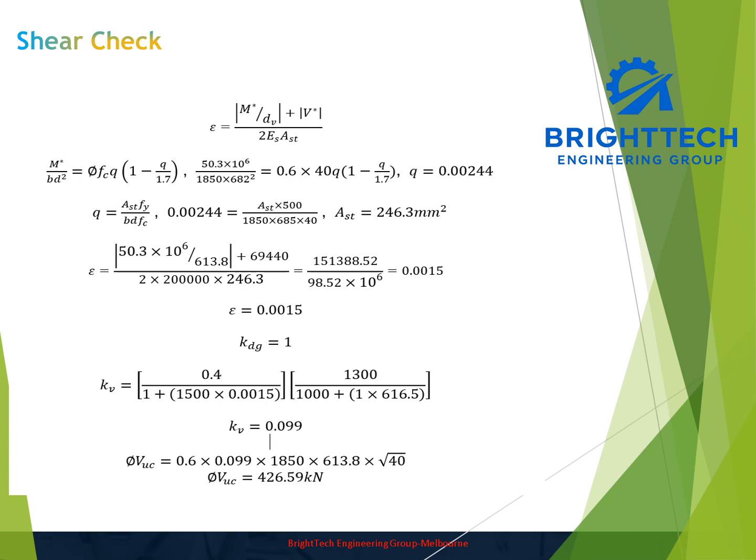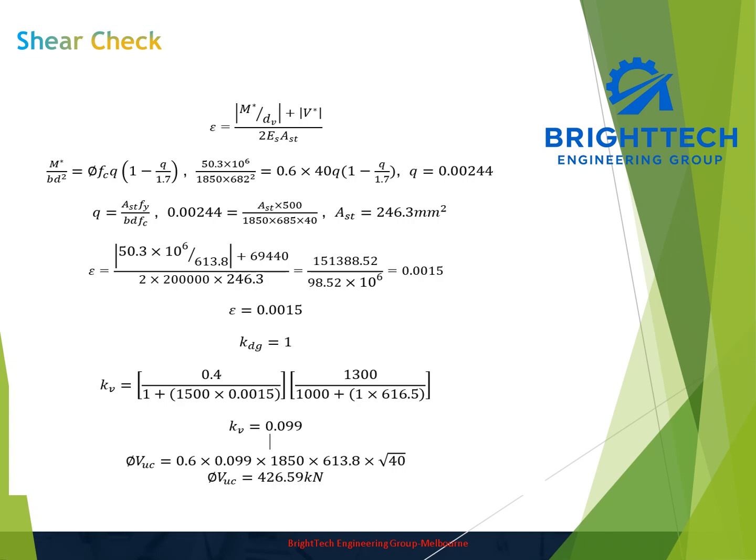Substituting the amounts, we have the moment 50.3 multiplied by 10 to the power of 6, over the footing width, which is 1850 millimeter, multiplied by the effective depth, which is 682, squared, equals 0.6, this is the phi given in the standard, times 40 Q(1 minus Q over 1.7). So from this equation, we can solve for Q.